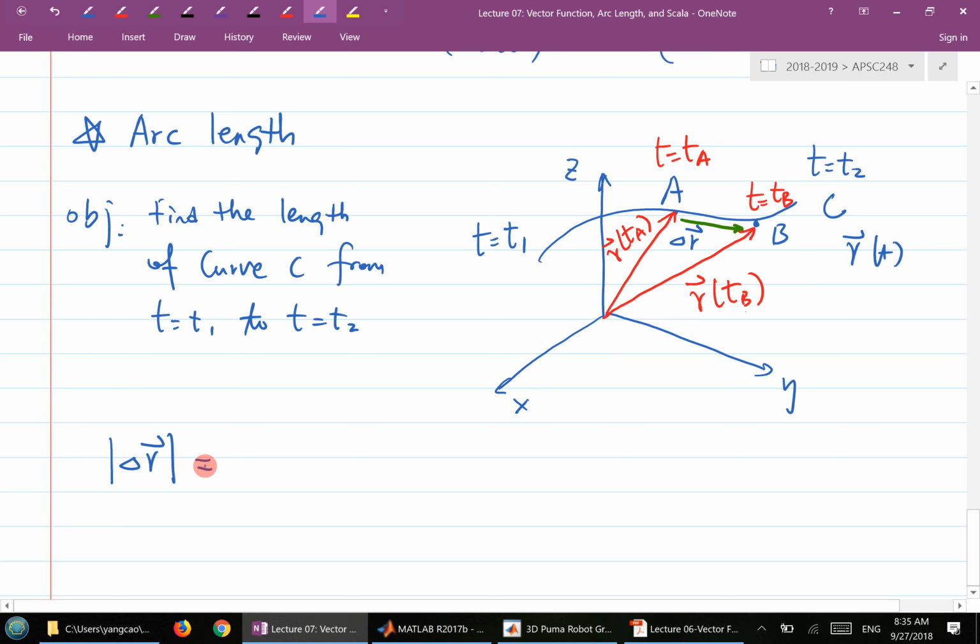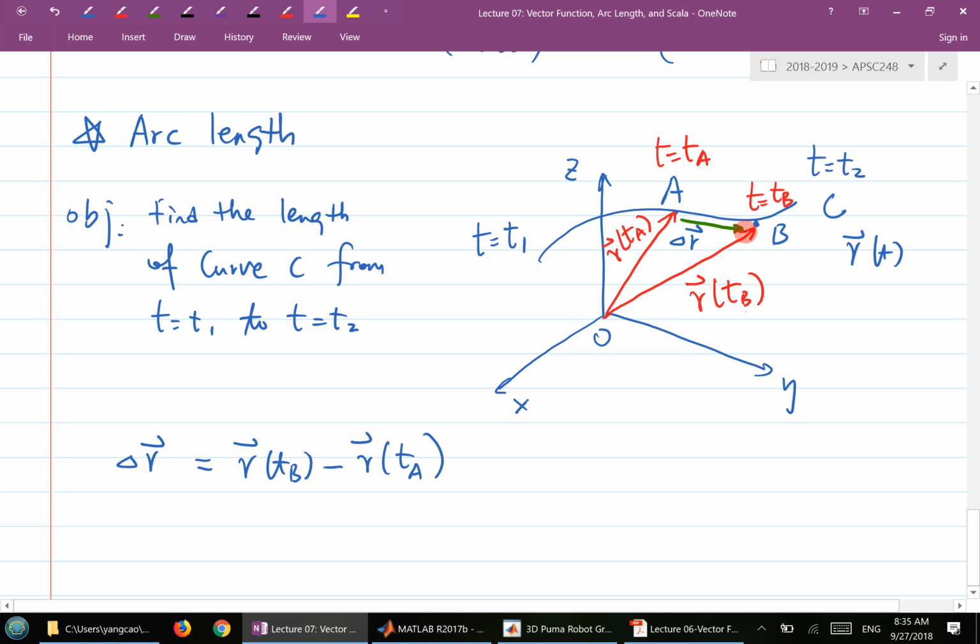What's the vector between A and B? You have this triangle here, so that's the vector OB minus the vector OA. So that's r at tb minus r at ta, which gives me the vector AB, which is the delta r vector.